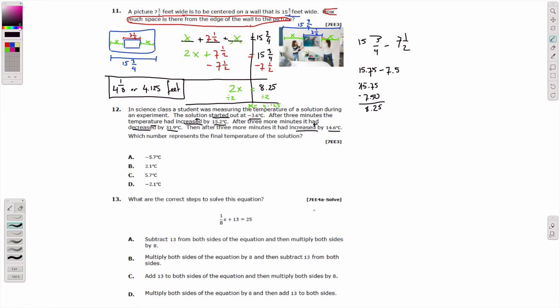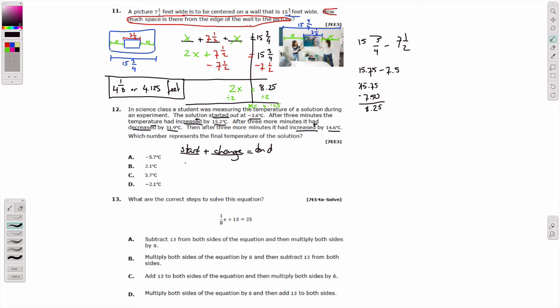So here I have to have the starting number, the start, plus the change, and I'm looking for the ending temperature, the end temperature.